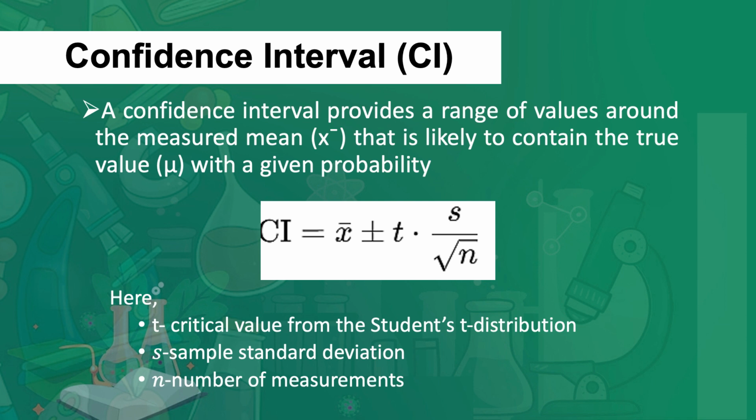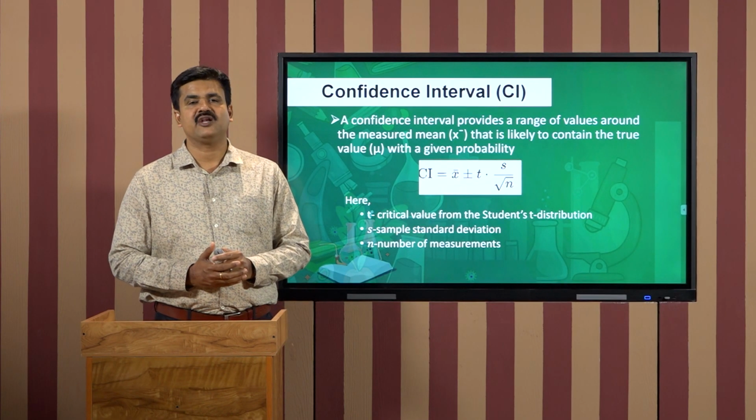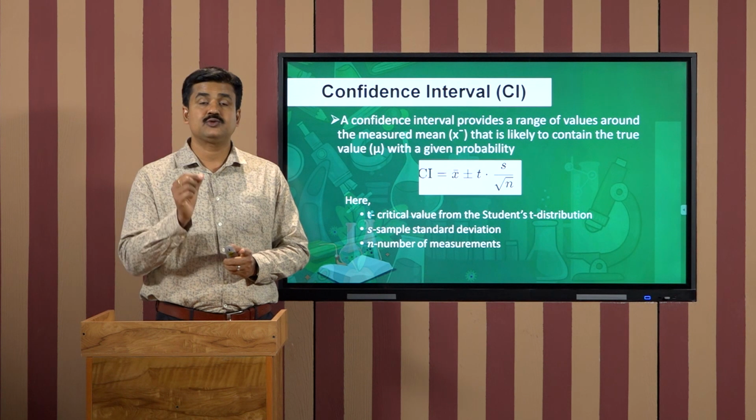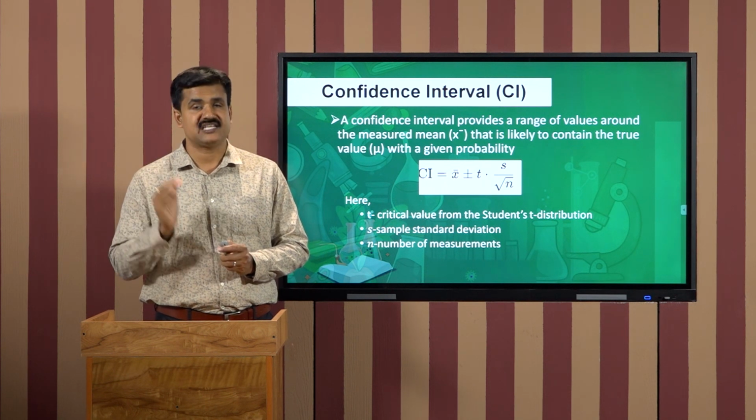The confidence interval is given by the mathematical expression CI is equal to x bar plus or minus t into s divided by root n. Here t represents the critical value. This critical value is obtained from the Student's t distribution table.